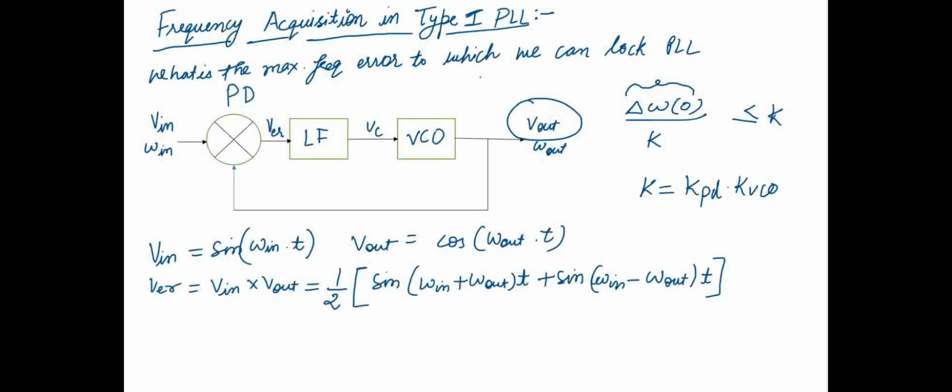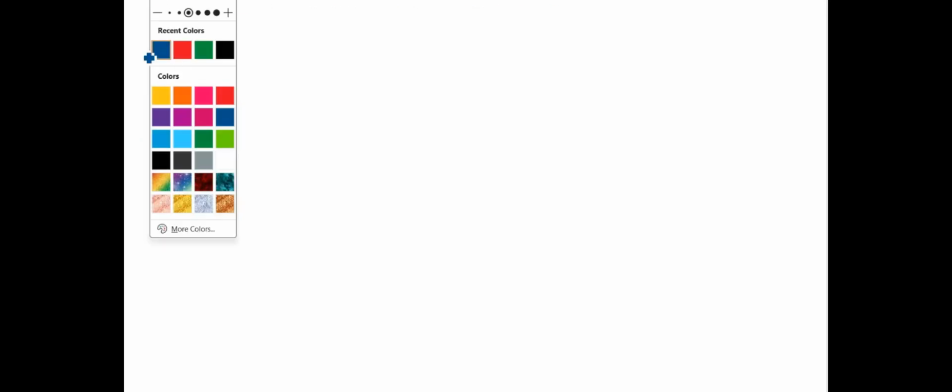Now let's consider at t equal to 0, ω_in equal to ω, and ω_out equal to ω_free plus KVCO dot Vc. And Vc equals 0 at t equal to 0, so ω_out equals ω_free, and ω_free is not equal to ω.